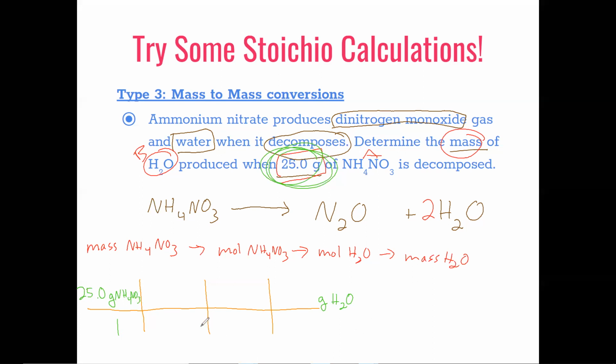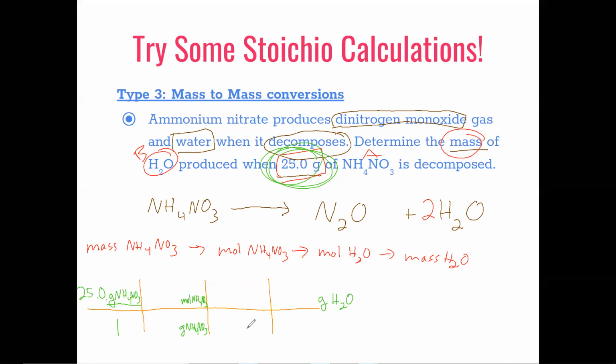Now, our first conversion is to go from grams of NH4NO3 to moles of NH4NO3. And I know that's kind of smushed. So to do that, we have to get rid of the grams. So the grams of NH4NO3 is going to go right there. To get from moles of NH4NO3 to moles of water, we have to do that molar ratio thing.